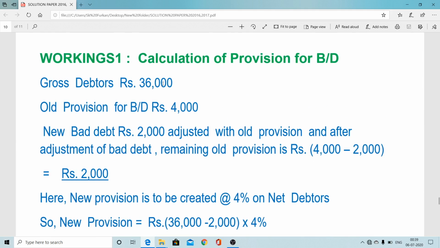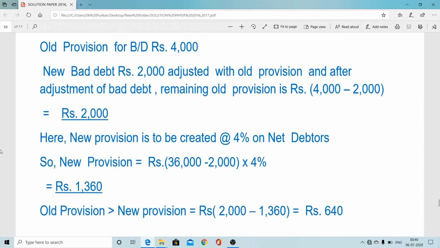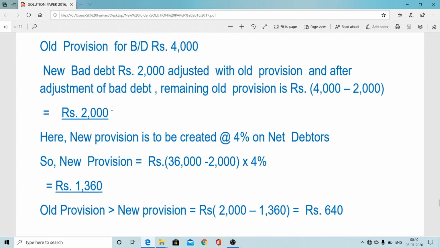Gross debtors 36,000, old provision already 4,000. Now the new bad debt 2,000 is adjusted with the old provision. After adjustment of the bad debt, the remaining old provision is 2,000.